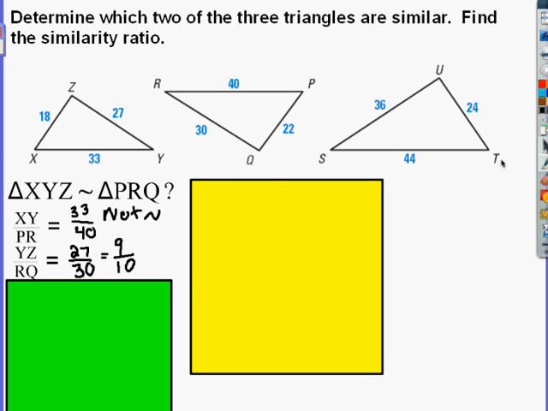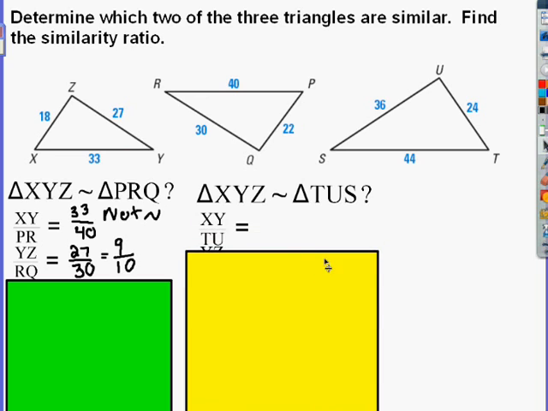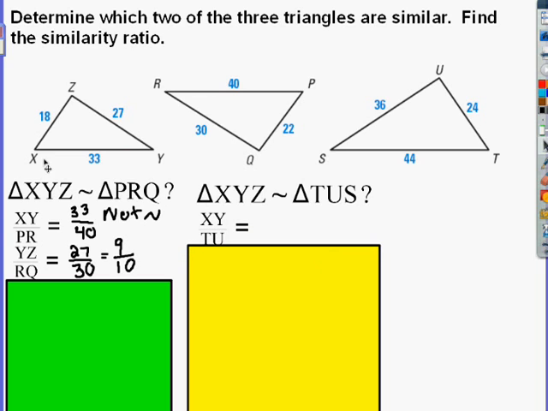Let's go ahead and compare next XYZ and TUS. So the first triangle and the third triangle. Let's see if those are similar. Well, XY, the longest side, corresponds with the longest side, TS.